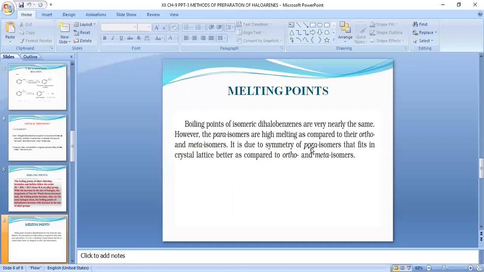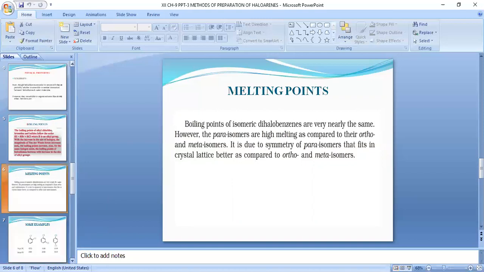This means that the structure or the arrangement of the para isomers is more symmetrical as compared to the ortho and meta isomers. And this symmetrical arrangement provides extra stability to the para isomers. Therefore, the melting point of the para isomers is more as compared to the ortho and meta isomers.